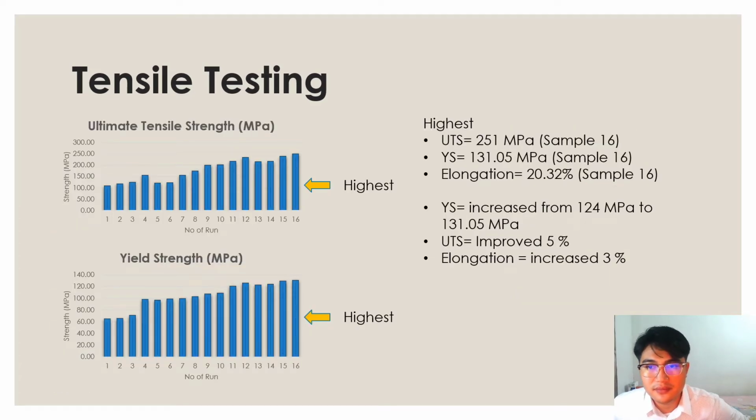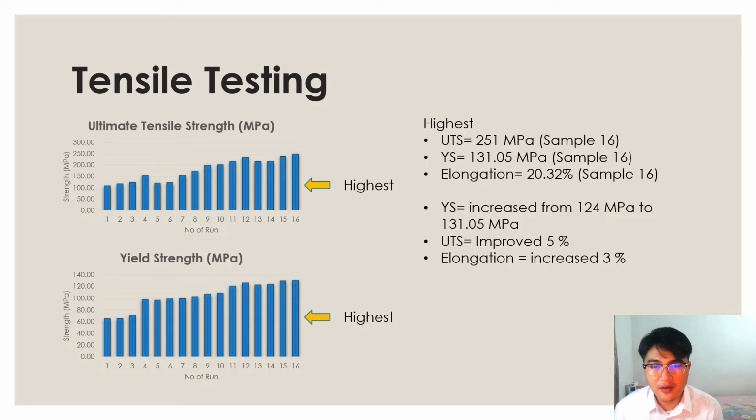For ultimate tensile strength, sample 16 recorded 251 MPa, and the yield strength recorded 131.05 megapascal, and elongation at break shows an increase of 20.32% from sample 16. So to conclude, the yield strength increased from 124 megapascal to 131.05 megapascal, the ultimate tensile strength improved by 5%, and the elongation increased by 3%.